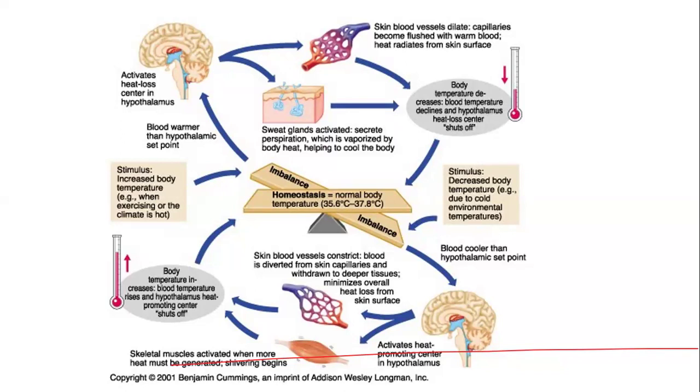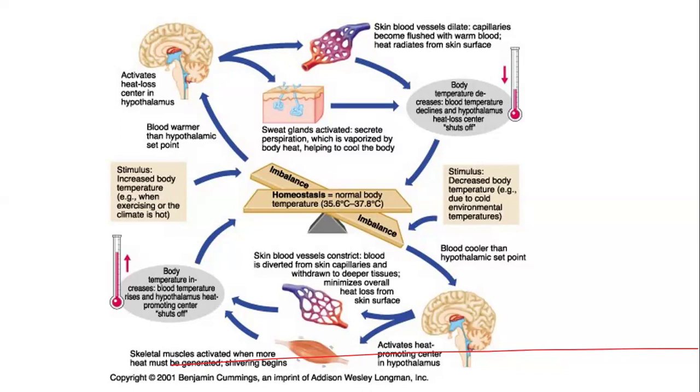So now the opposite happens. The sweat glands can't be stimulated because that will not help. Instead, we are going to stimulate the skeletal muscles. You must always add the word skeletal because we have cardiac muscles and smooth muscles, and these are not going to be affected by this.